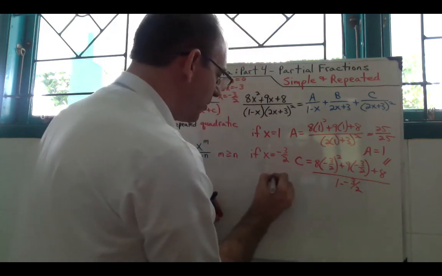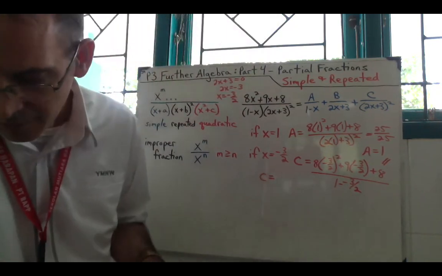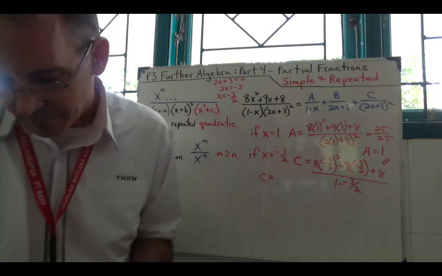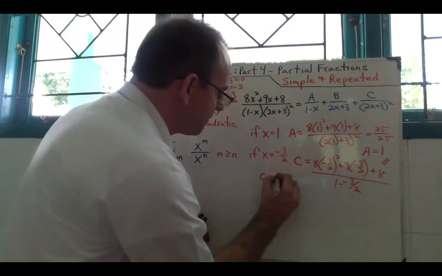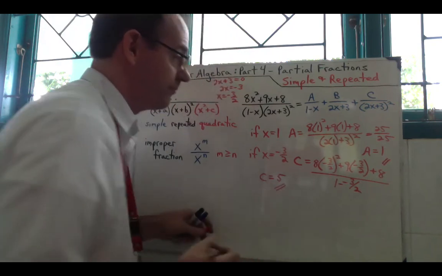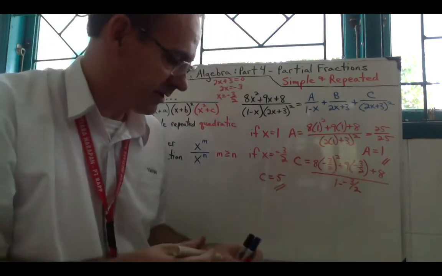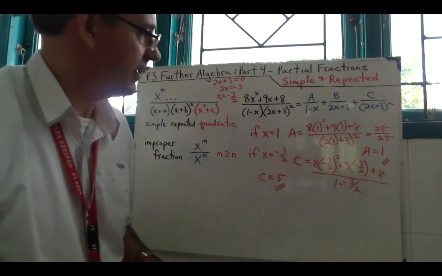And when we solve this one, we end up with C equaling 5. Okay, so you can do that in your calculator. C should come out to be 5.